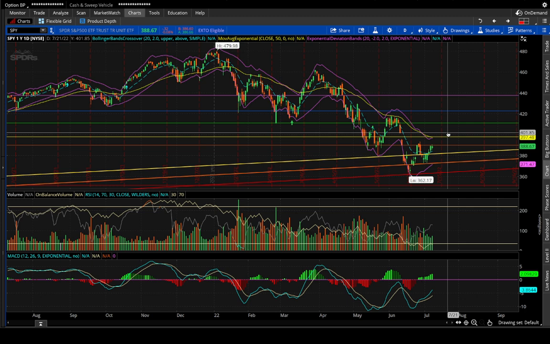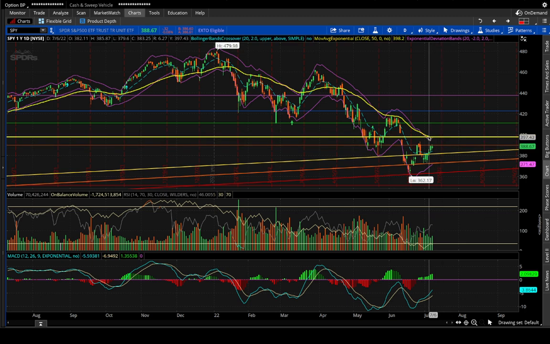But with midterms and everything going on, I think this is going to be a political market in regards to market dynamics. So I wouldn't be surprised if near term, maybe leading up into CPI, we go up and test this 397 mark, which will also be the 50 EMA on the daily.